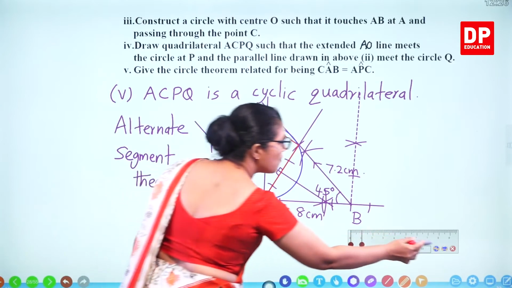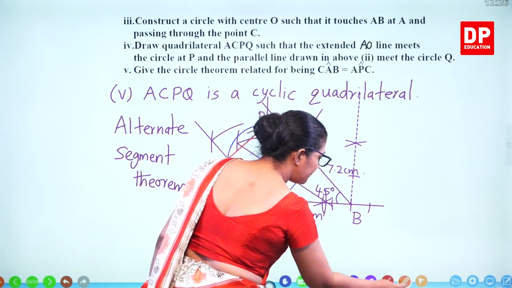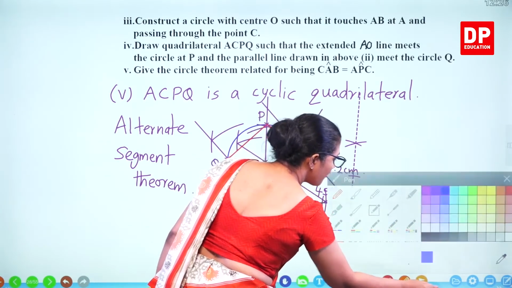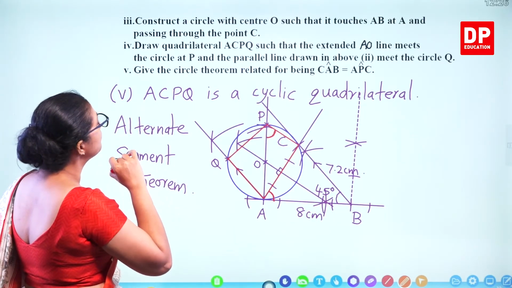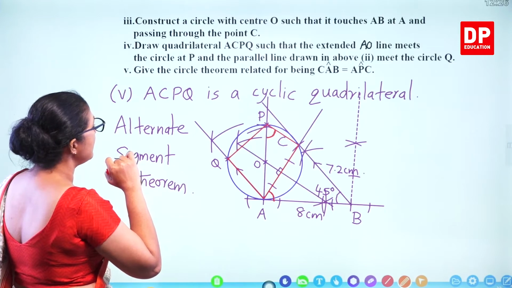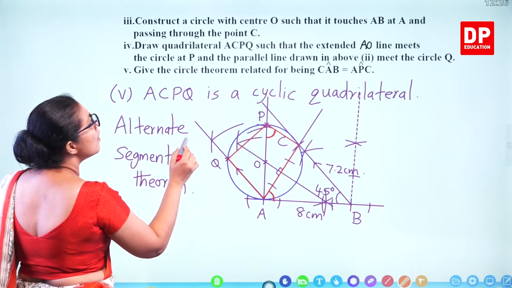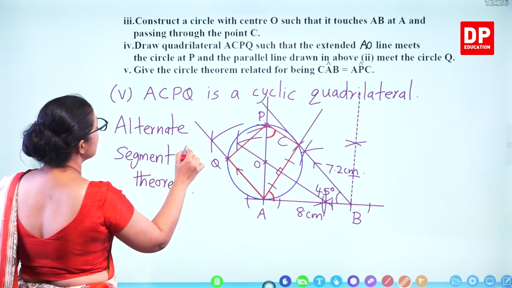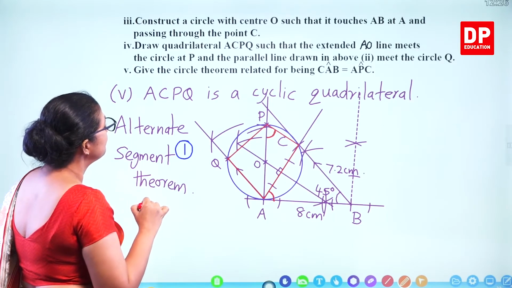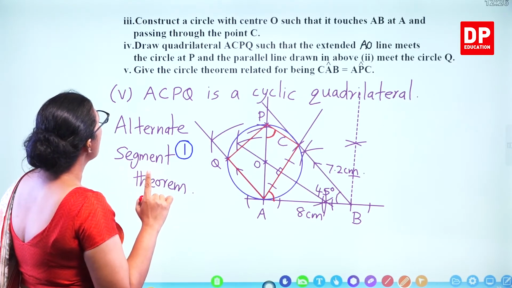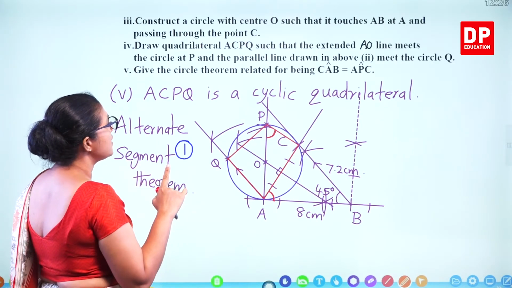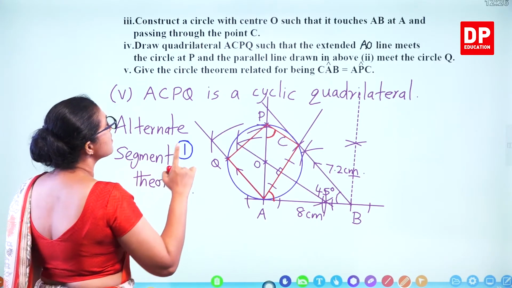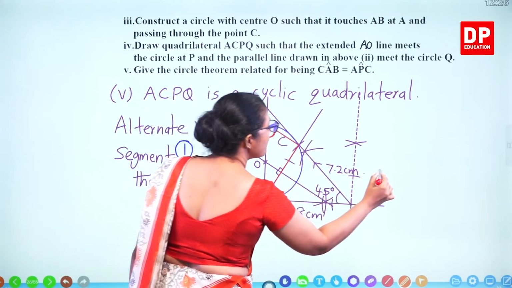Now we'll give marks for each part. So writing down the theorem, you can get 1 mark. And drawing the quadrilateral by extending, you get 2 marks for the quadrilateral.